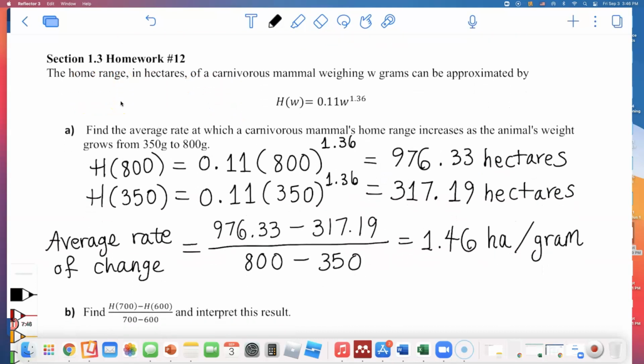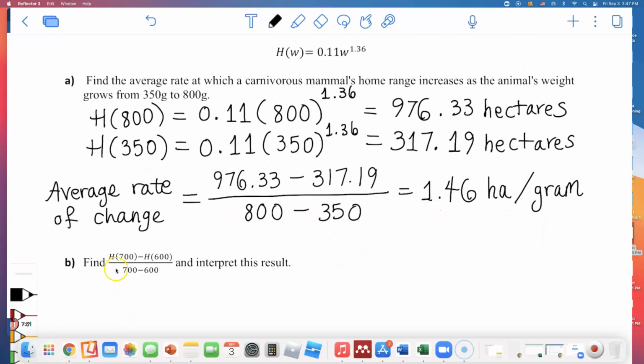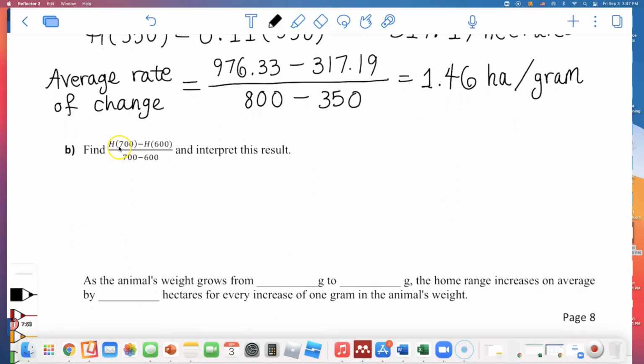So fatten these animals up, I guess. All right, the next part is very similar. We just have to figure out the difference in home range as the animal goes from 600 grams to 700 grams. After finding that out, we'll fill in these blanks. So I need to find H of 700 and H of 600.